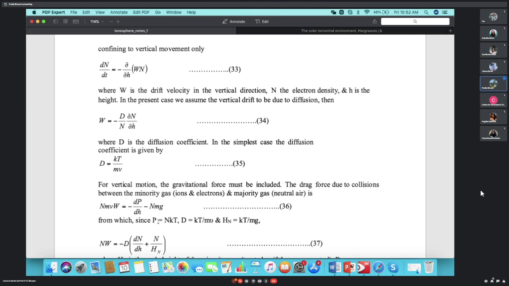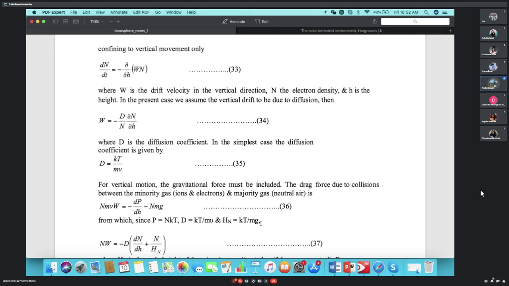Here P is equal to, from normal gas laws, NkT, D we already know, kT by mV, and Hn, the scale height for the minority gas, the ions and electrons, is kT by mg.